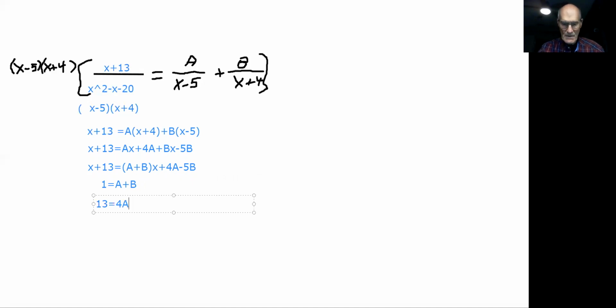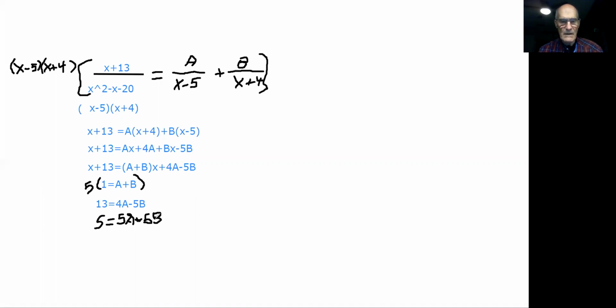Now, if I go back to my freehand and multiply the first equation by 5, because I've got a minus 5B, and if I have a plus 5B, I can cancel them. So I have 5 equals 5A plus 5B.